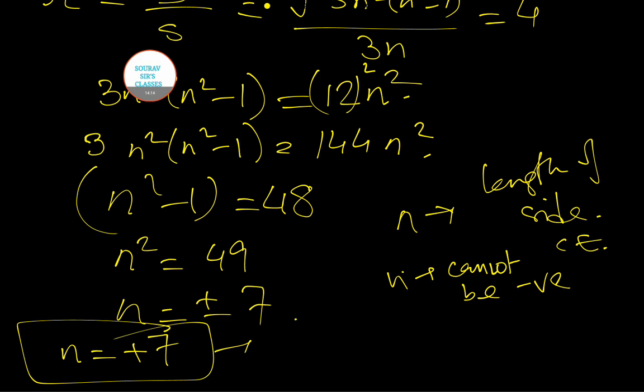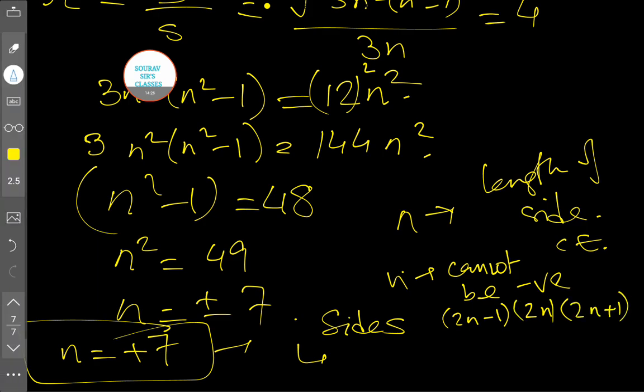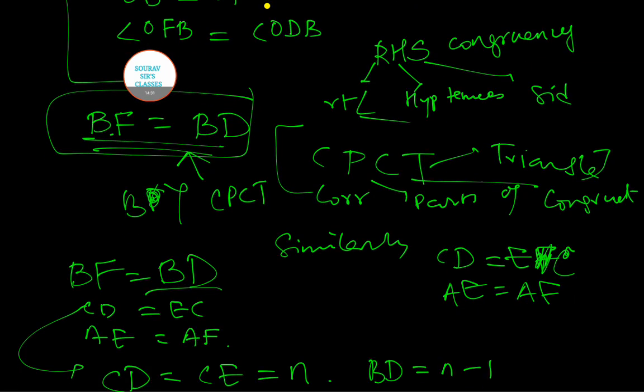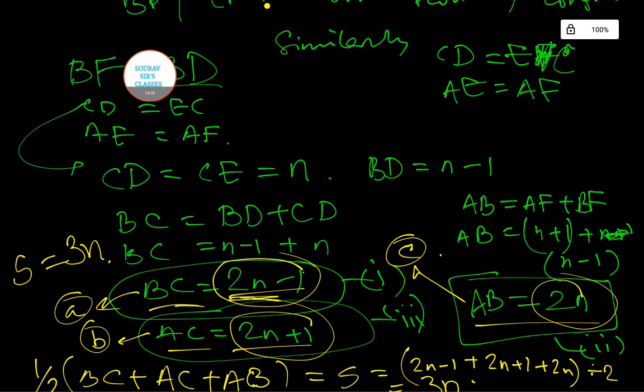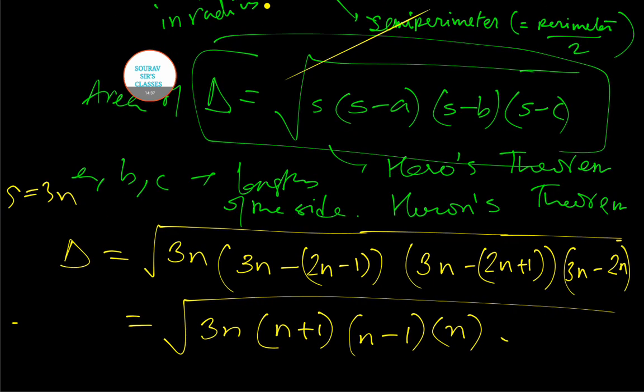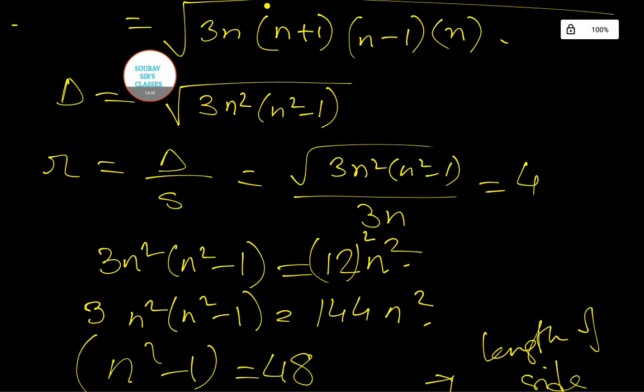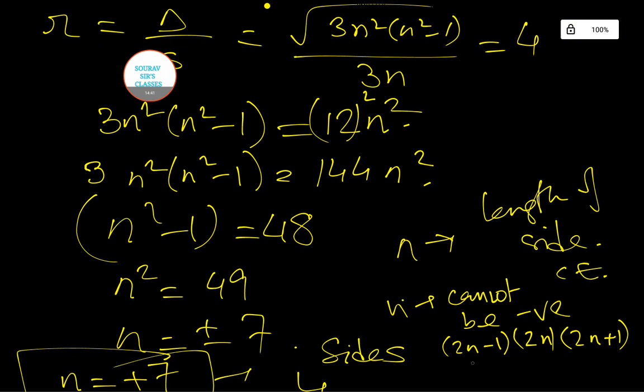Hence the sides will be 2n minus 1, 2n, and 2n plus 1, which were subsequently BC, AB and AC. So this is BC, this is AB, and this is AC.